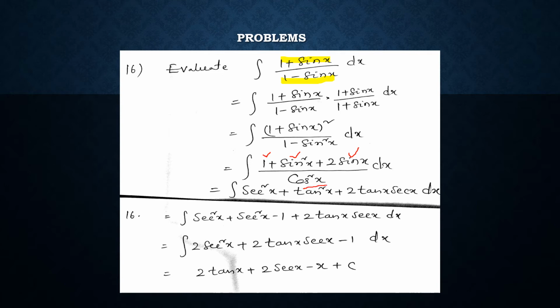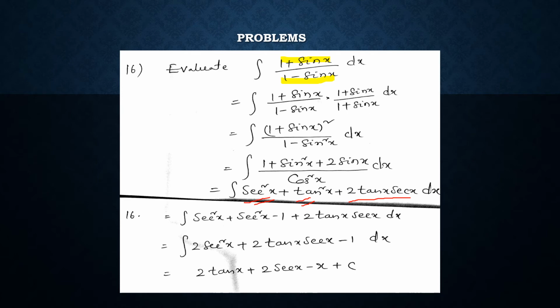Now by dividing each term by cos square x, that becomes integral 1 by cos square x plus sin square x by cos square x plus 2 sin x by cos square x, which can be written as integral secant square x plus tan square x plus 2 tan x into secant x dx.